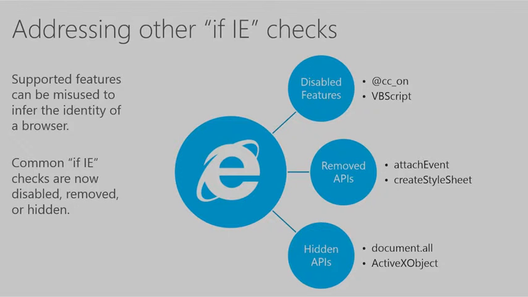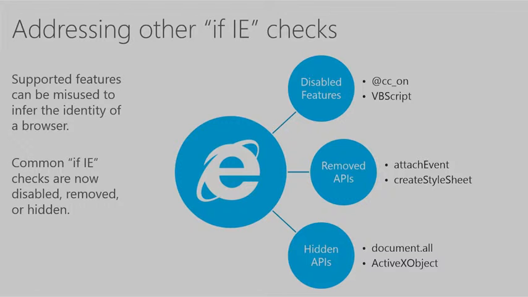As part of helping IE11 get and run more modern standards code and making it easier for developers to take advantage of the standards capabilities that are available, these types of checks need to be updated as well. In a number of cases, legacy APIs and behaviors, in addition to the user agent string, have been either disabled, removed, or hidden to help make this happen.